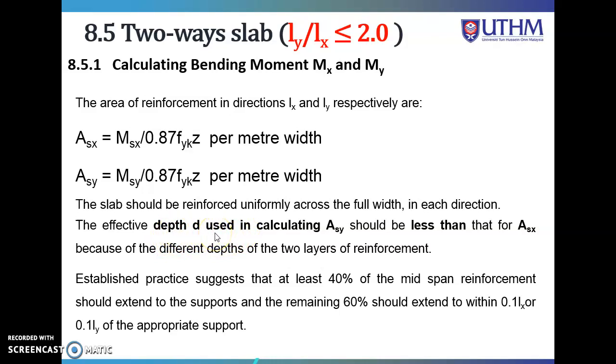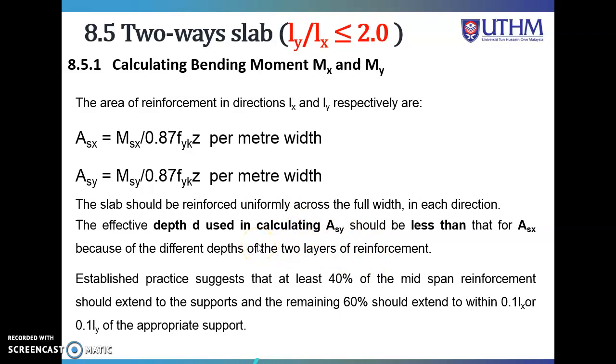So the effective depth d used in calculating the Asy should be less than that for Asx. Okay, sebab depth dia tu berbeza, location.